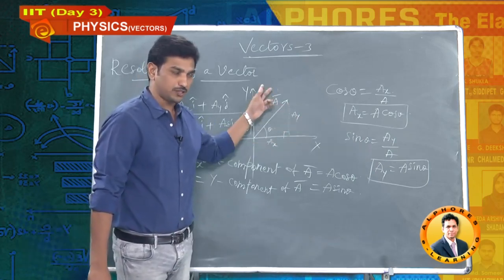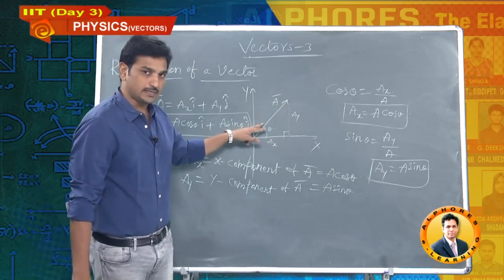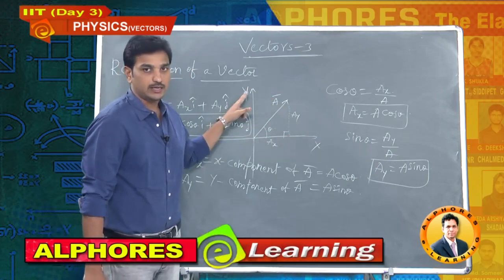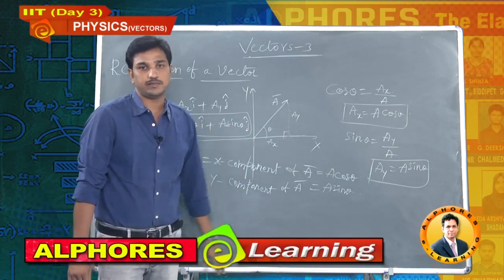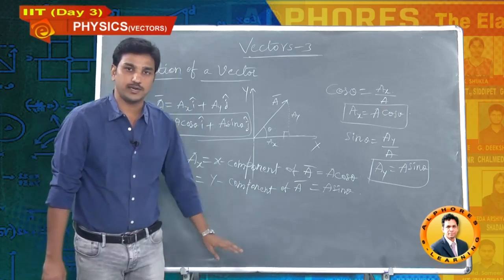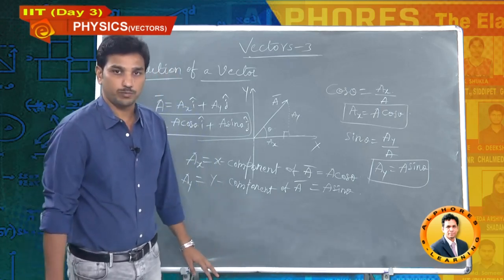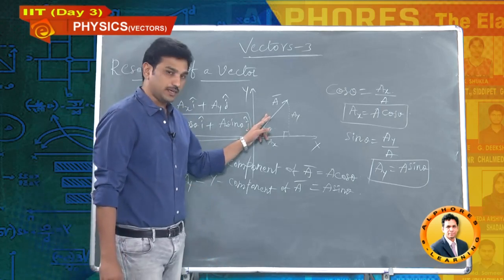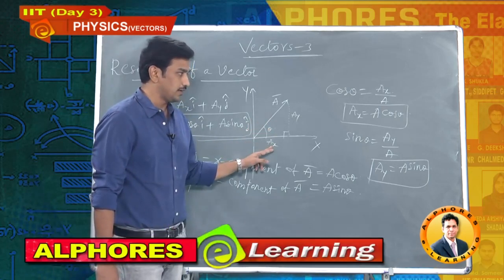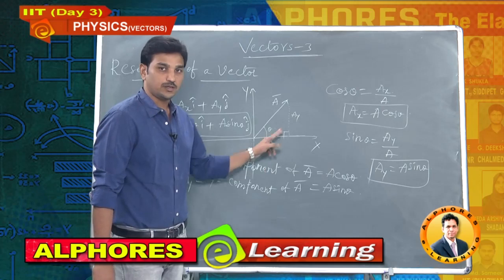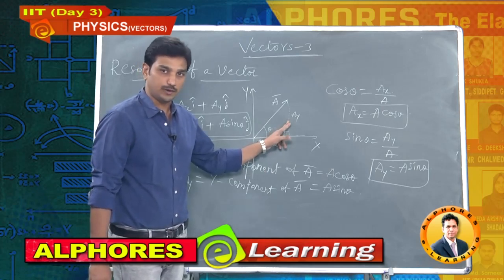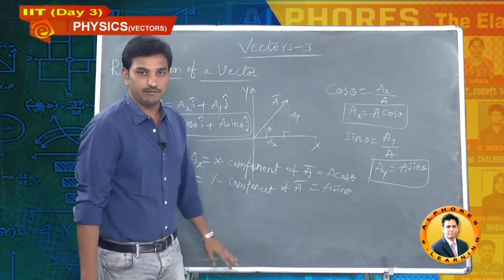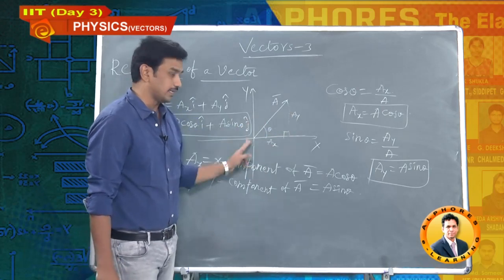What is our concept? A vector in two dimensions has two components. In 1D it has one component, in 2D two components, in 3D three components. Because of that, the horizontal component is Ax and the vertical component is Ay. We used simple trigonometry in the right angle triangle.